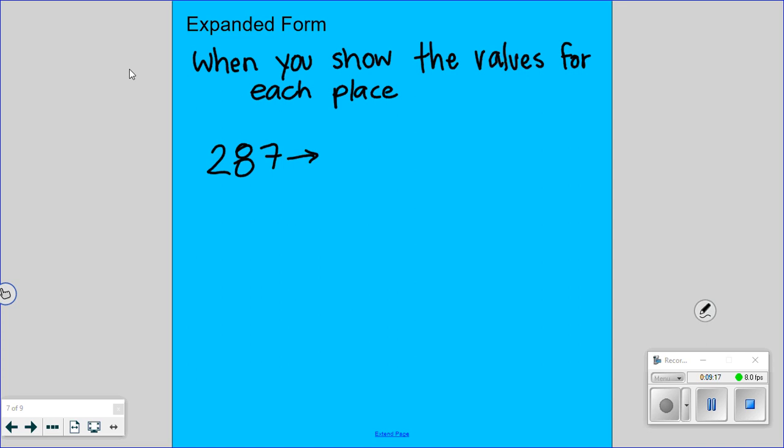If I were to write that out in expanded form, I've got 3 places. Ones, tens, hundreds. Those are my 3 places. I might start with my hundreds. What does that digit really mean? What's that worth? What's that value? Because it doesn't just mean 2. Maverick? It's worth 200, so I'm going to write that out.